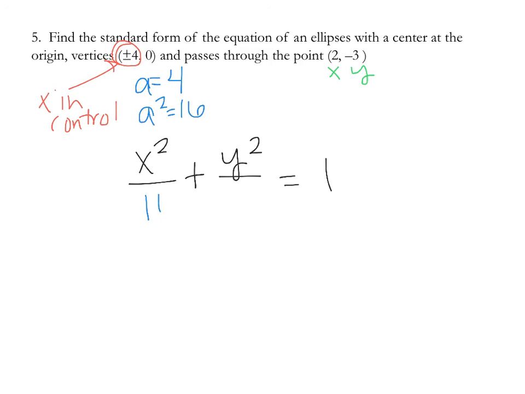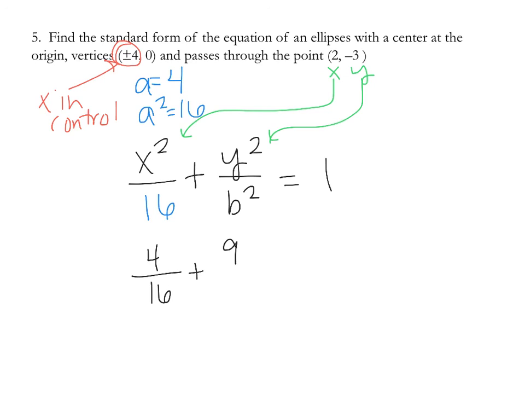And I know x is in control, so the 16 would go here. But I don't know b squared. That's what I'm missing still. I have to use this point and plug in the point to figure out b squared. So if I plug in the point here, 2 squared is going to be 4 over 16, plus negative 3 squared would be 9 over b squared equals 1. And then I have to solve this. So you've got to turn on your algebra. We've got to subtract 4/16 first.